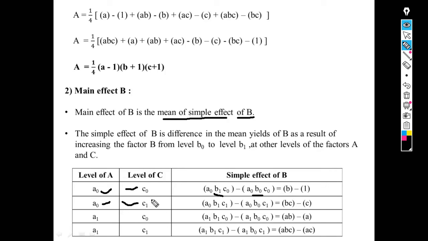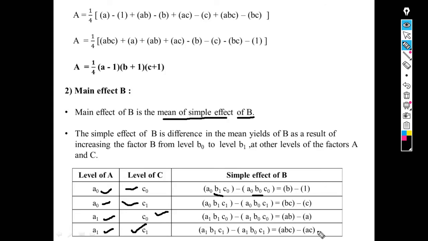We fix these levels of A and C, and the simple effect of B is A0 B1 C1 minus A0 B0 C1, so we get BC minus C. Then third is A1 and C0. We get A1 B1 C0 minus A1 B0 C0, and it is AB minus A. Then last is both factors at the second level, A1 and C1. We get A1 B1 C1 minus A1 B0 C1, so we get ABC minus AC.